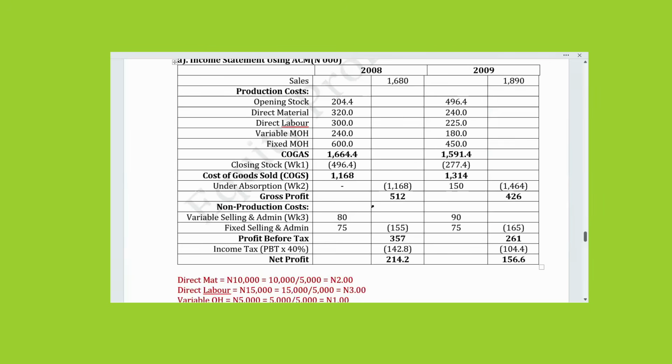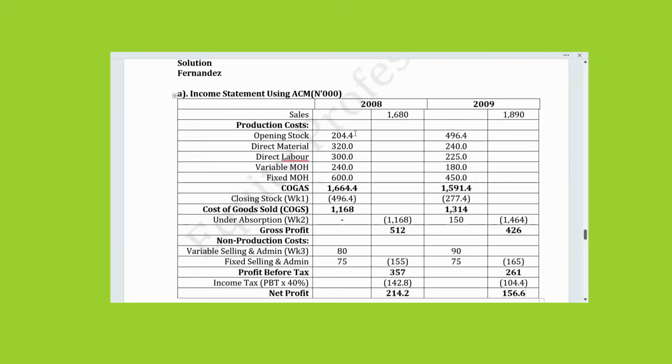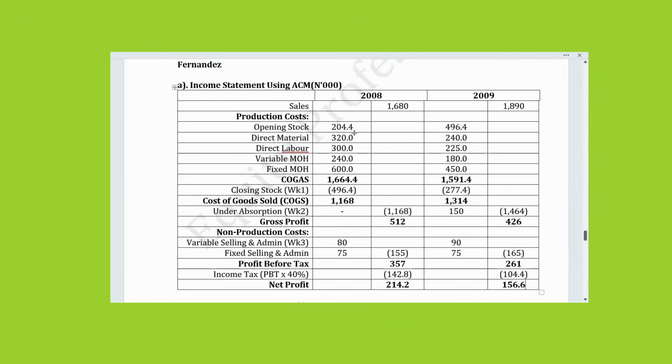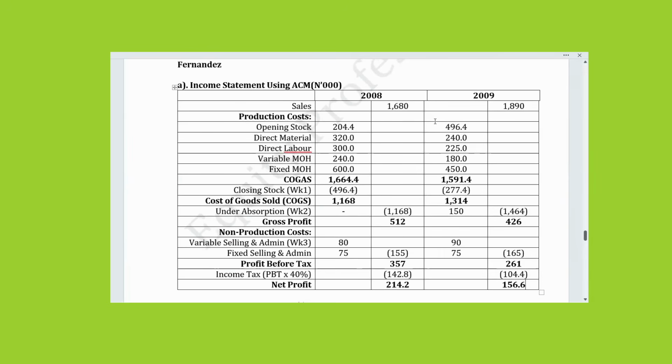That's it. This is net profit for 2009. We are done with the absorption costing method. Let's go to the marginal or variable costing method. So let me know if you have any question on this before we move to the next one. Any question so far? If there is no question, then we'll move straight to the variable costing method.